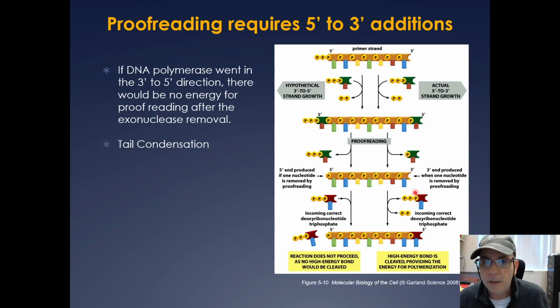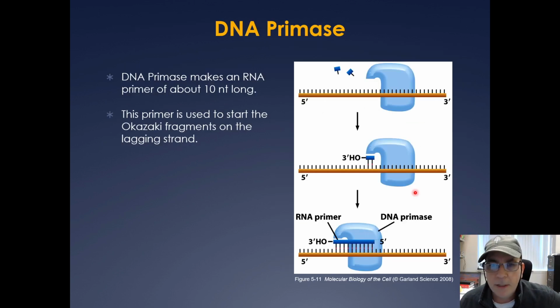Okay. All right, so now we're going to look at some of the accessory enzymes that are involved in DNA replication. One of the enzymes is called DNA primase. You actually need a primer to start the whole polymerization process. And I know some of you have probably set up PCR reactions and you have to add your primers in.